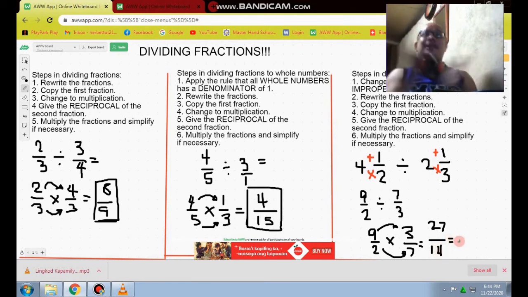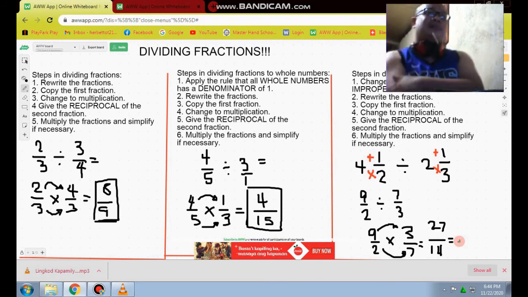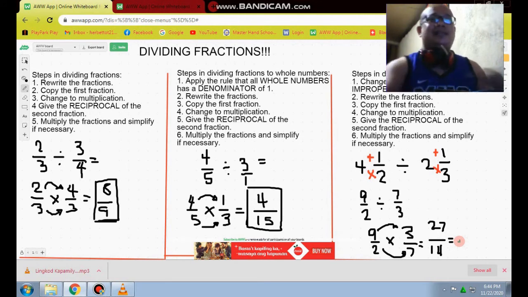So, ngayon ang gagawin natin is to convert that into mixed number. So, pag nagko-convert tayo ng improper fraction to mixed number is we do the long division. Or, pwede natin gamitin yung sinasabi ko sa inyo, shortcut method. So, first is, how many 14 are there in 27?